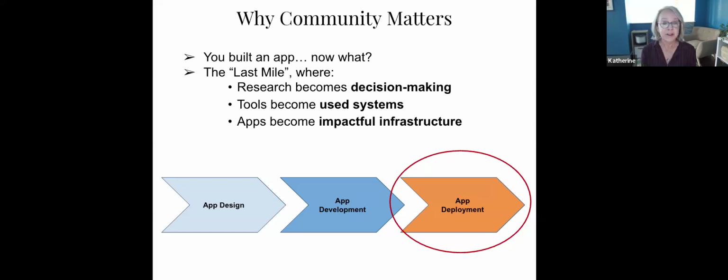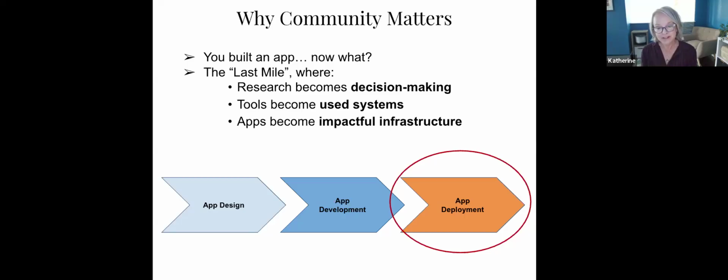And let's start by talking about why community matters. So you built the app, now what? We're going to talk a little bit about this last mile. I've obviously simplified. A graphic here at the bottom has you designing and then maybe developing an app.